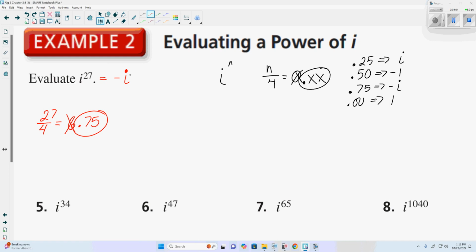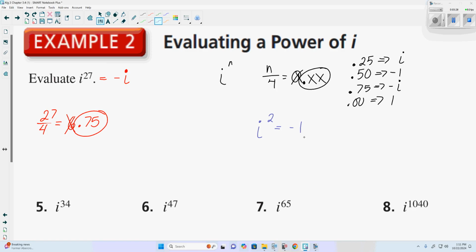Now, out of all of our powers of i, the one that's the most helpful to remember or know is i squared. i squared is one of the ones that comes up the most, and i squared is -1. Because anytime we have a power, an exponent attached to i, it has to be simplified, it has to be reduced.